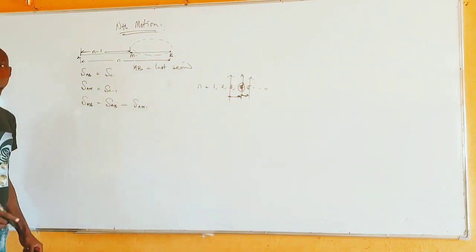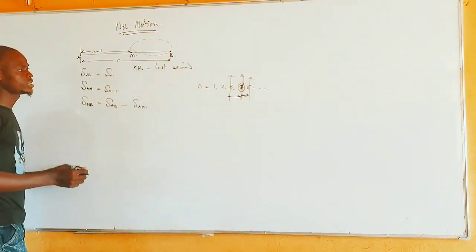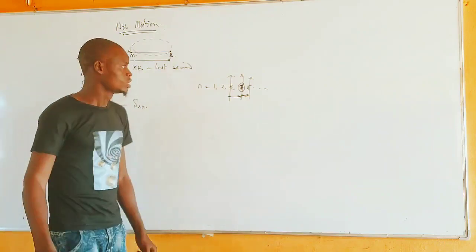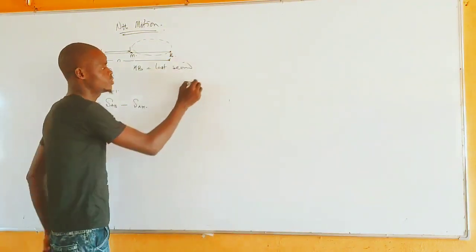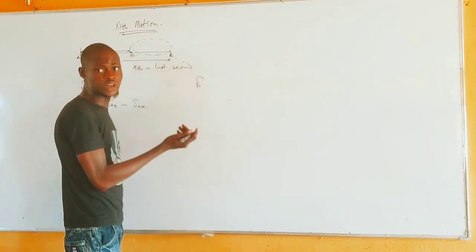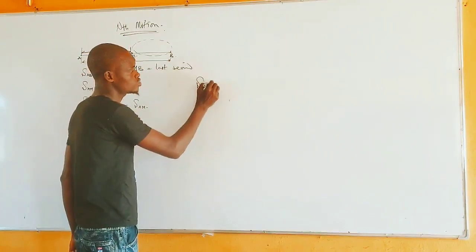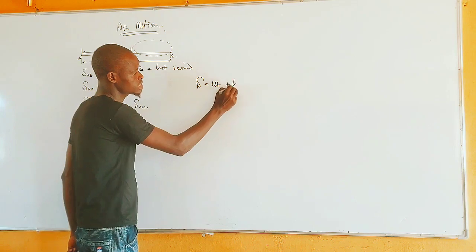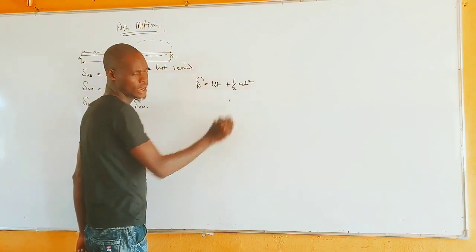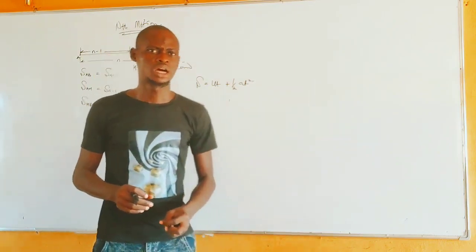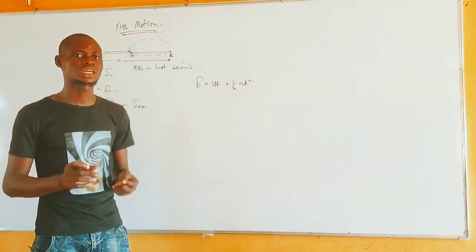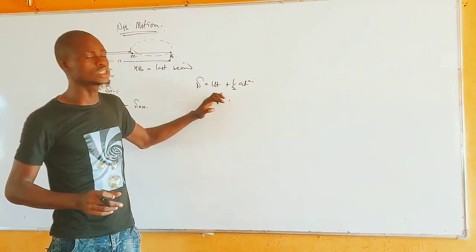Now, taking a look at equations of motion, we have 4 different equations of motion, but one of the major equations for a horizontal motion is x equals ut plus half at squared. If you want to know more about this, you can go to my channel and cross-check a video that explains equations of motion.